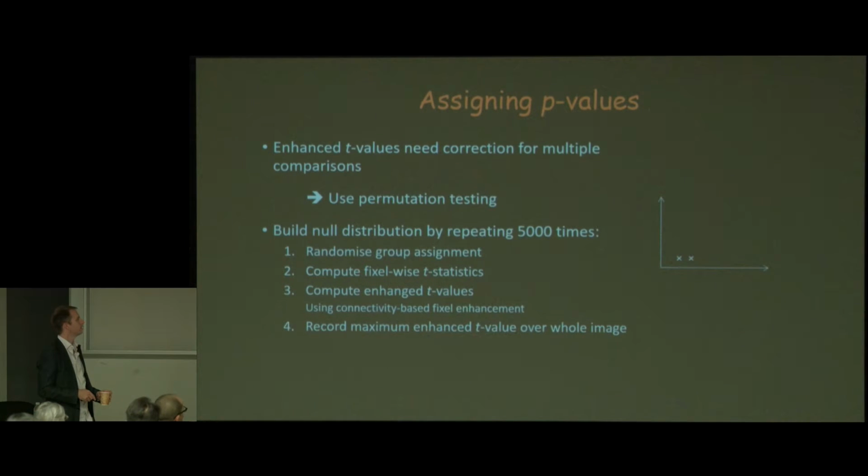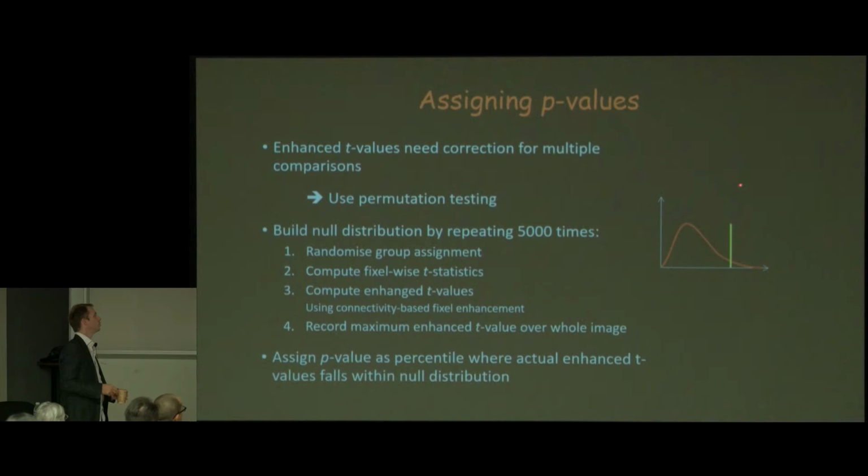And then off you go, and you do that 5,000 times, and then you get an idea of the distribution of maximum t-values for all your repeats. And then you look at what your t-value was at each voxel, and compare it to the null, and basically your p-value is the area above that. That's just, in a nutshell, I think how permutation testing works.